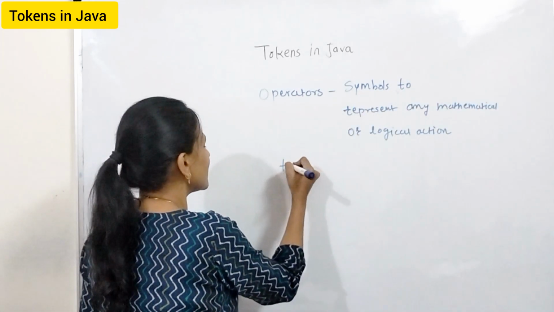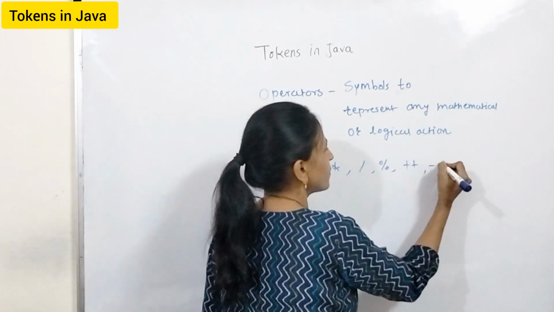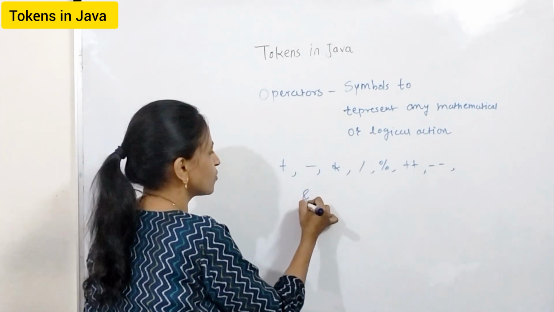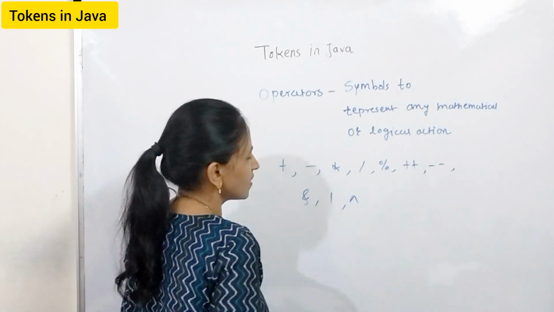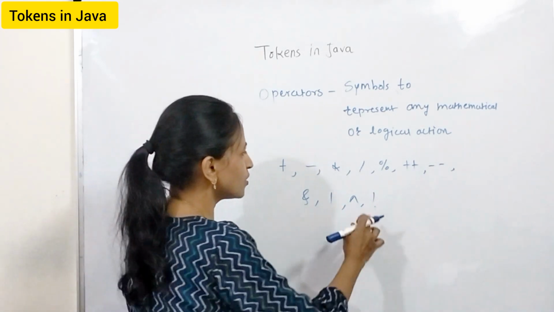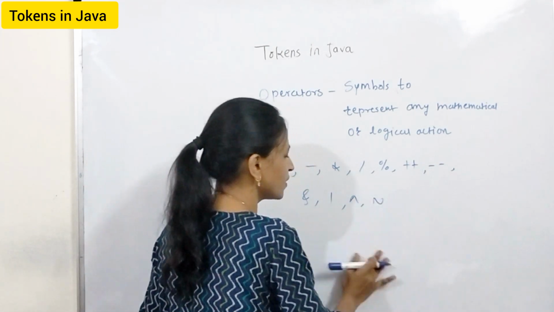Examples of operators are plus, minus, multiply, divide, modulus operator, increment and decrement operators, then bitwise operators and, or, XOR, then the not operator. This is not bitwise, this is logical not. Bitwise not is like a complement.